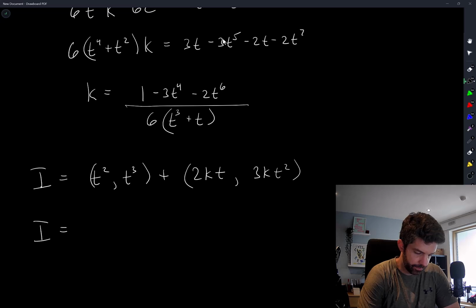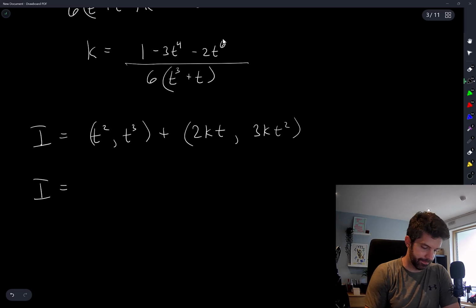This stuff is supposed to simplify here. t squared plus, if I multiply k by 2, that becomes a 3, and this t will cancel stuff there.